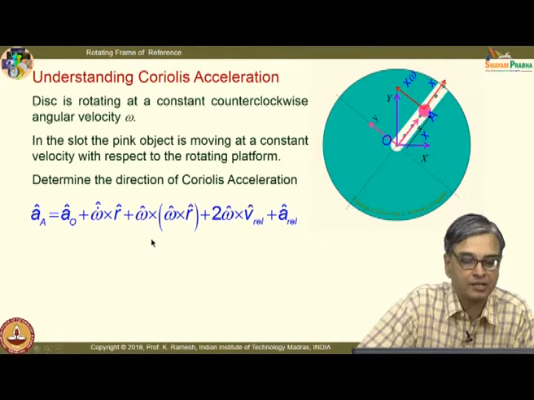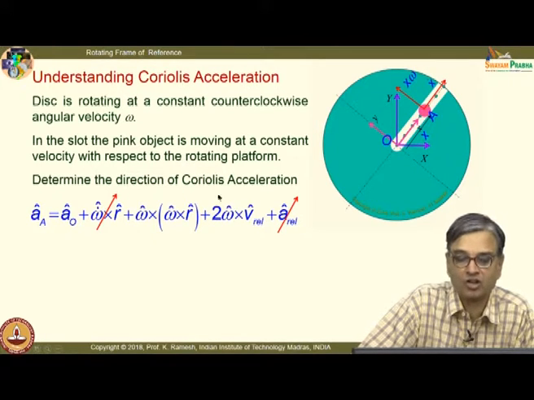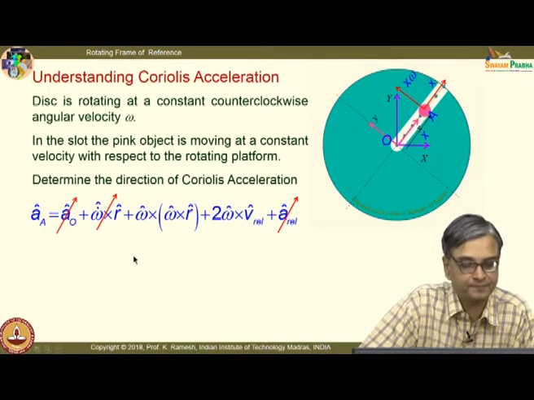So, omega dot cross r is knocked off. I have a constant velocity of the particle in the slot, so A_rel is knocked off, and A_O is also knocked off because it is a fixed point. So, I am left only with two terms, omega cross (omega cross r) plus 2 omega cross V_rel, and you have an expression for V_rel.